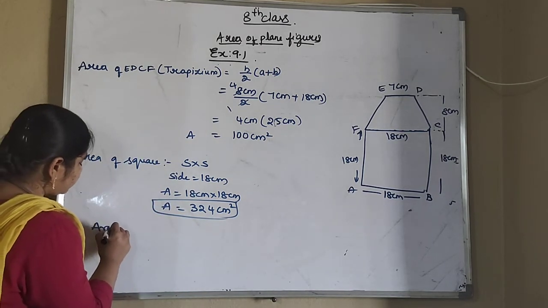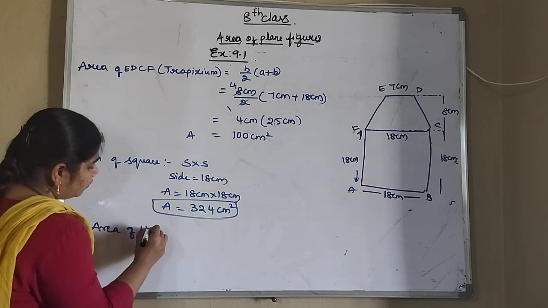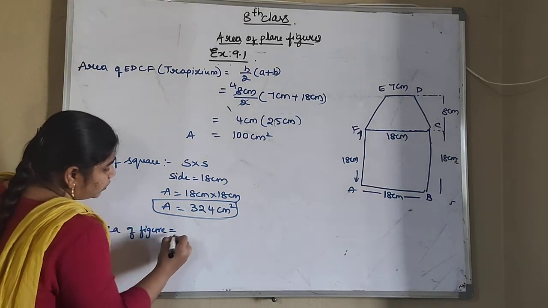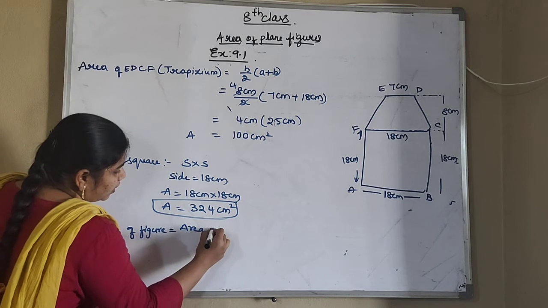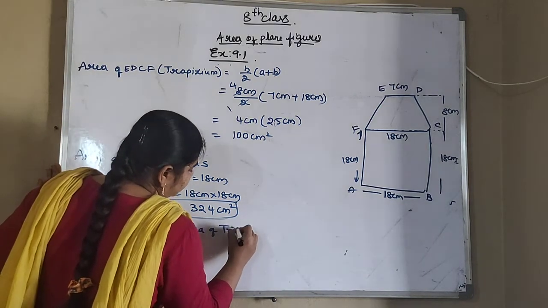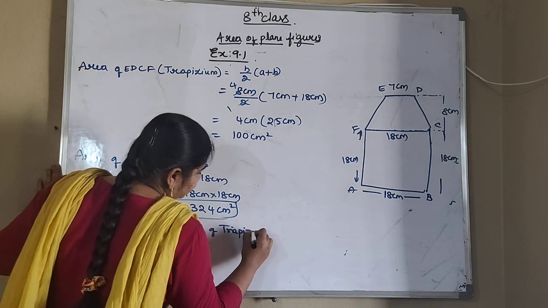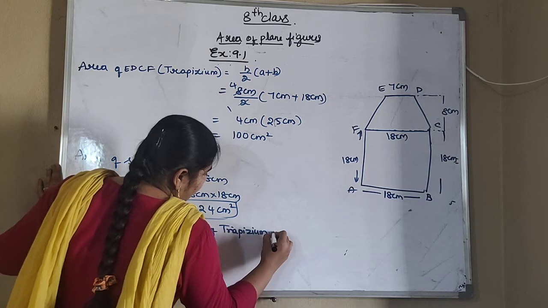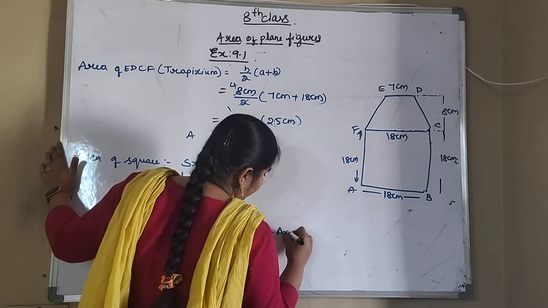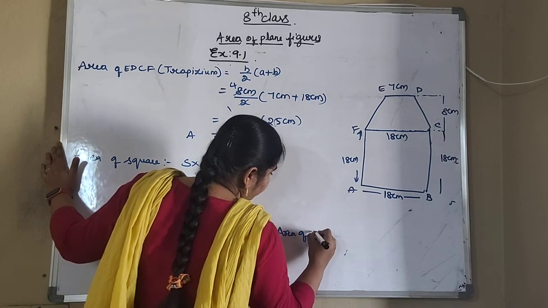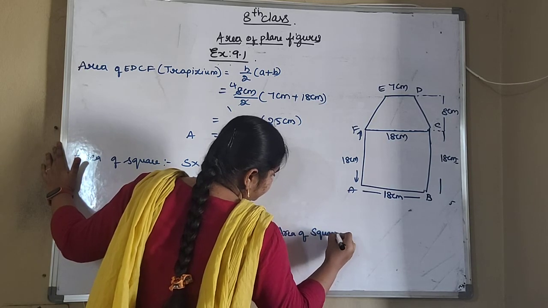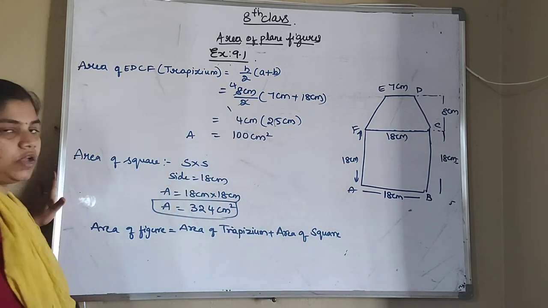So area of figure is equal to area of trapezium plus area of square. Area of a trapezium plus area of a square.